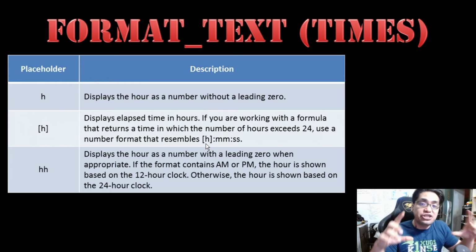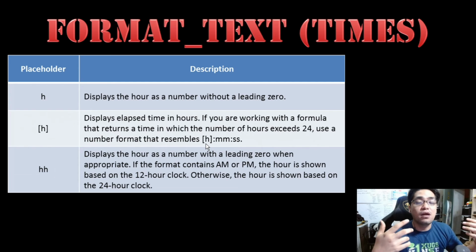So you have H in a bracket so that Microsoft Excel will display it if there are more than 24 hours. So you have here 2 H's, displays the hour as a number with a leading zero when appropriate. If the format contains AM or PM, as I will show you later, the hour is shown based on a 12-hour clock. Otherwise, the hour is shown based on a 24-hour clock.